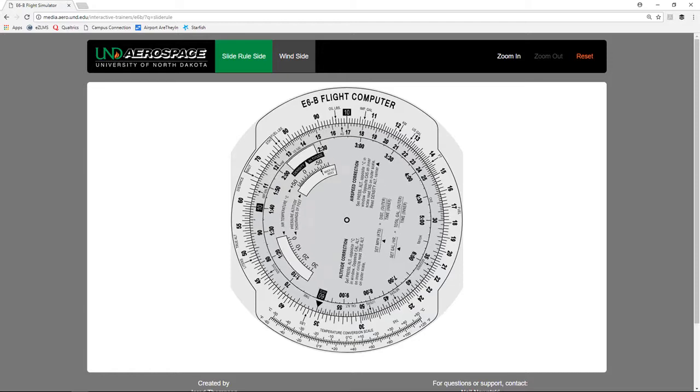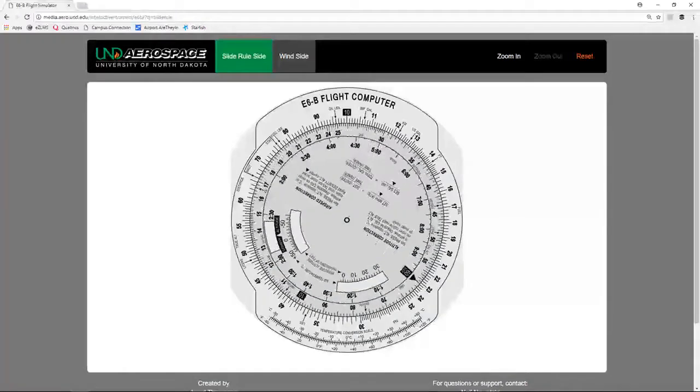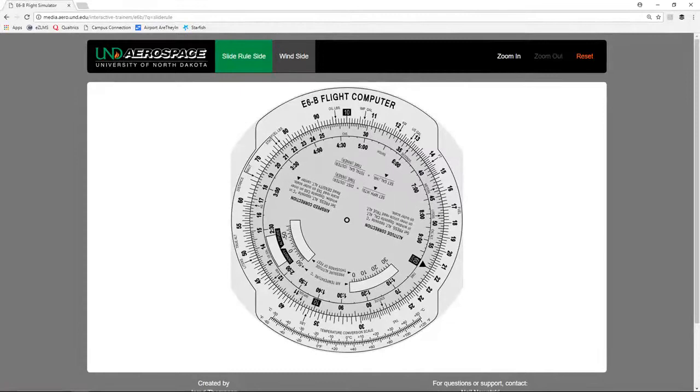So we will align our E6B so that seconds arrow, the 36 index, aligns with 13, which represents 130 knots. Our distance was 0.5 miles, so again we will use the number 50 on the A scale, and our time to travel 0.5 miles at 130 knots is on the B scale in seconds. Remember, the B scale is now in seconds. So we have an answer of 14 seconds to travel 0.5 miles at 130 knots.